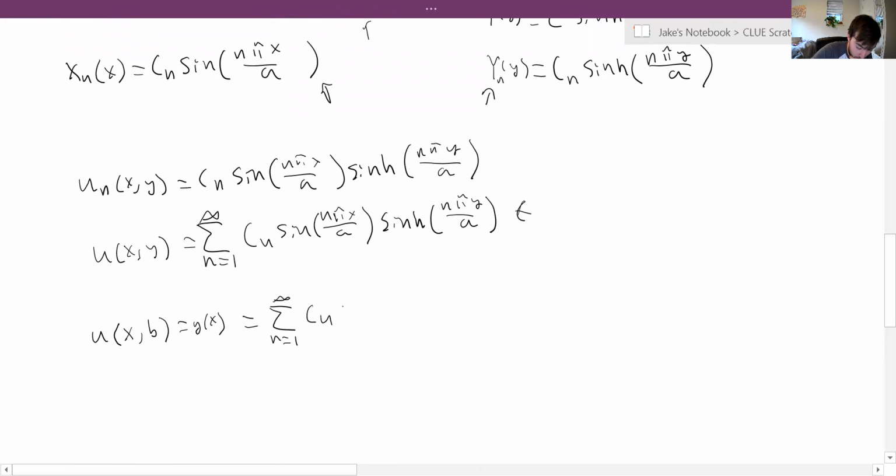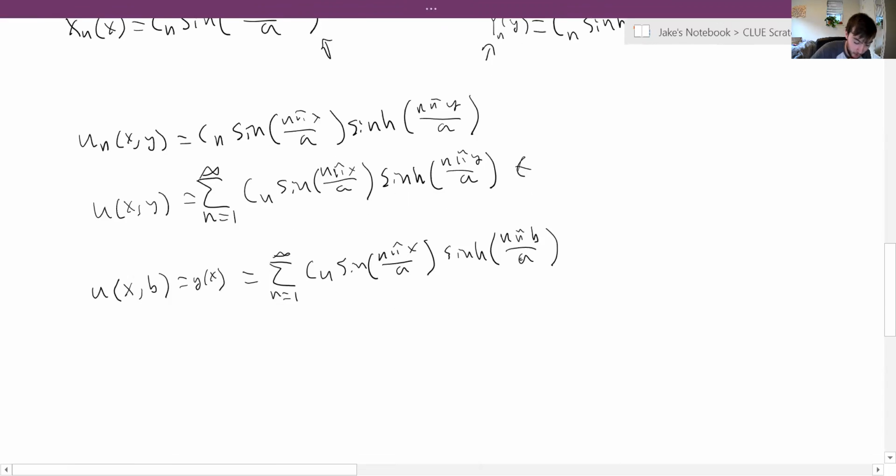Okay, there's no y's in there, so we're going to leave it as is. Oh, there is a y in there, though, so we get hyperbolic sine of n pi b over a. Okay, now I'm going to rewrite this slightly. I'm only going to change the ordering here.